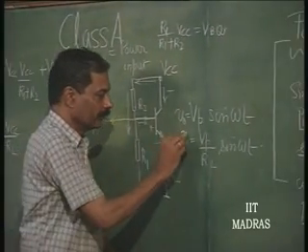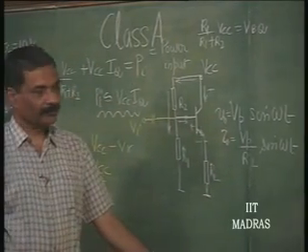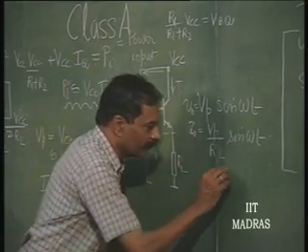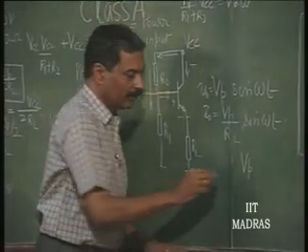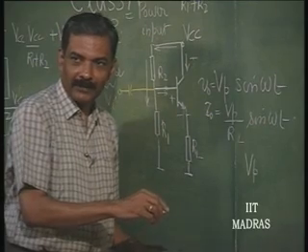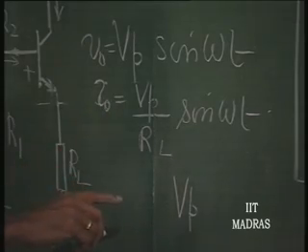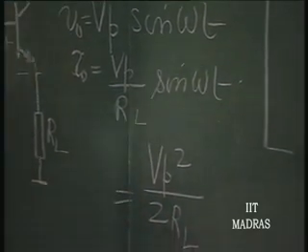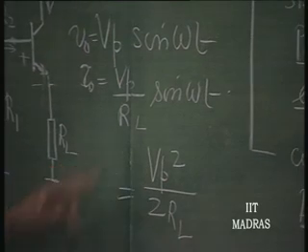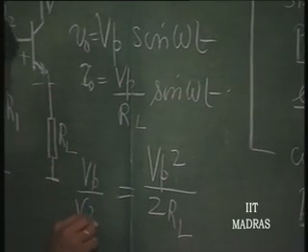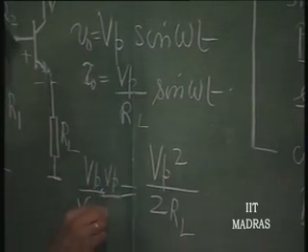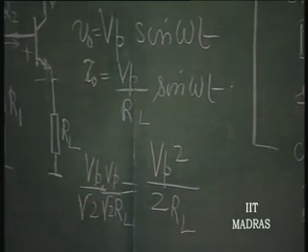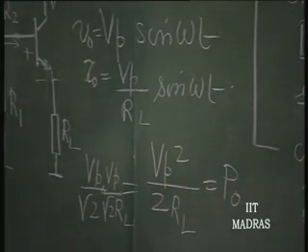Then the power dissipated is going to be Vp divided by root 2, the RMS value, times Vp by RL divided by root 2. So, Vp squared divided by 2 RL is the power output.